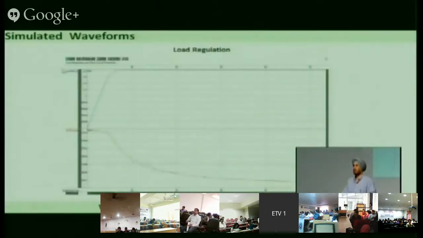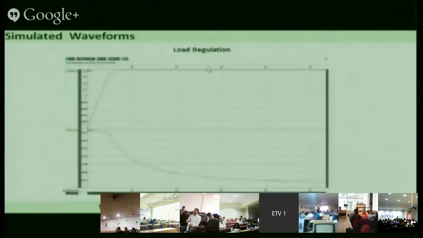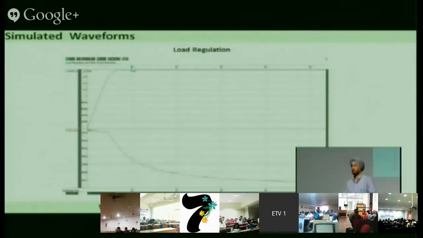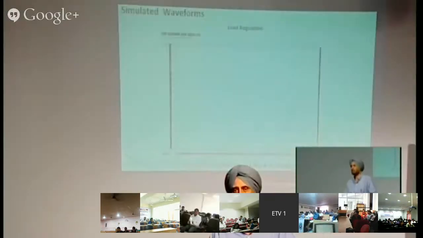Now these are the simulated waveforms. You can see the results here. The first is load regulation. This is the output voltage, this is the current. Here you will not be able to see much, because this is in the millivolt range, but you can see the output voltage stabilizes, it doesn't change.